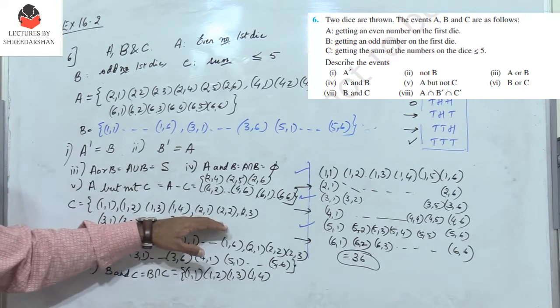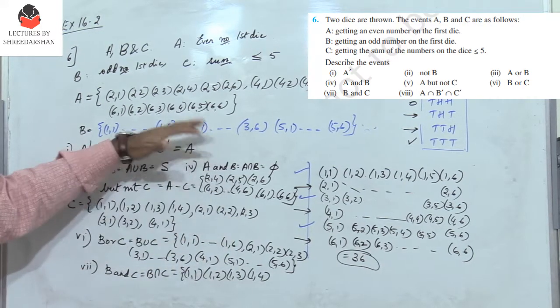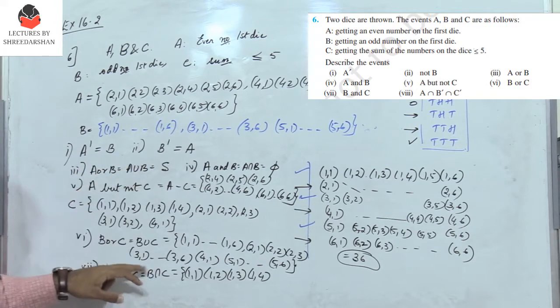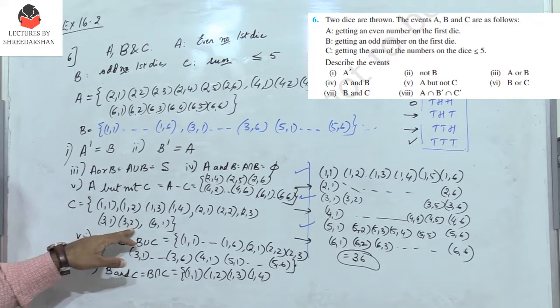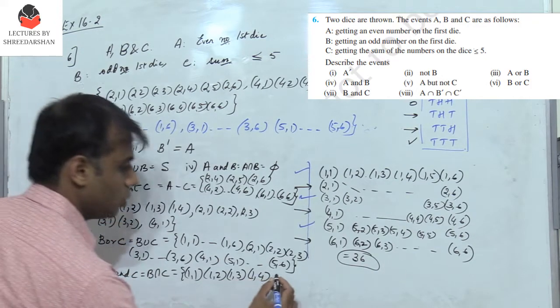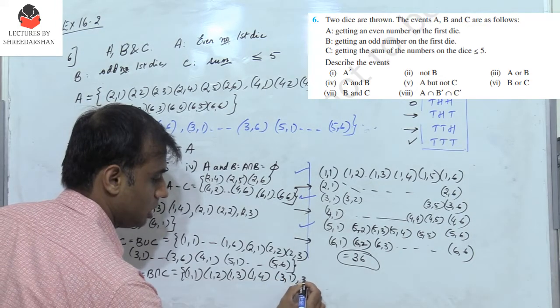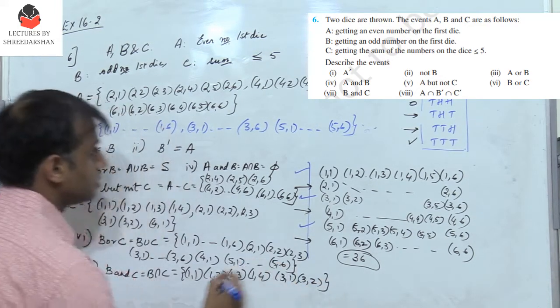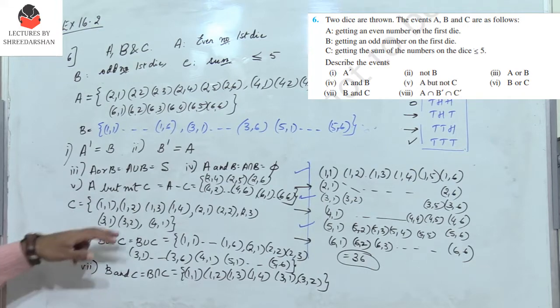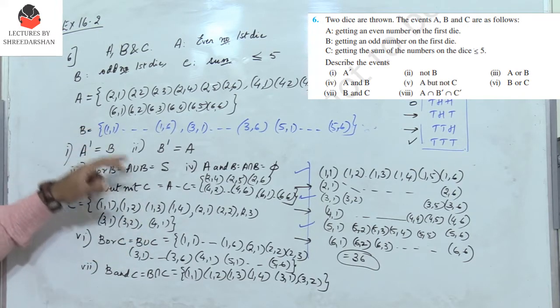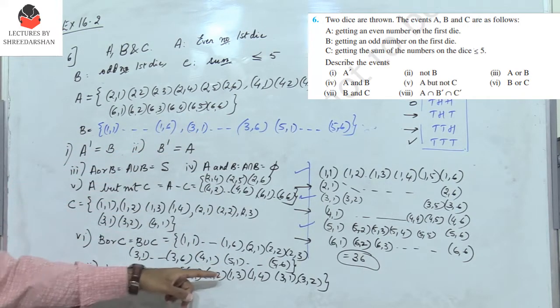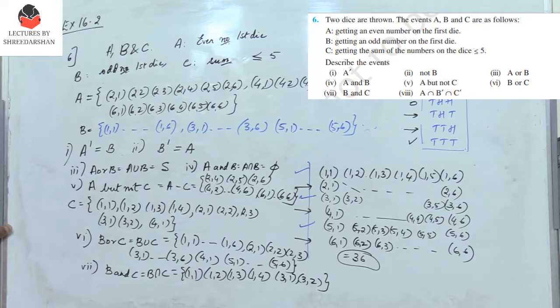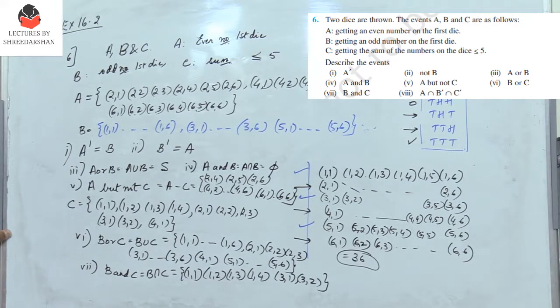Of course, anything starting with 2 is not present in B. Next, I have 3, 1 and 3, 2. Next, do you have anything starting with 4 in B? No, and nothing in 5. So these are the combinations: 1, 1, 1, 2, 1, 3, 1, 4, 3, 1 and 3, 2.